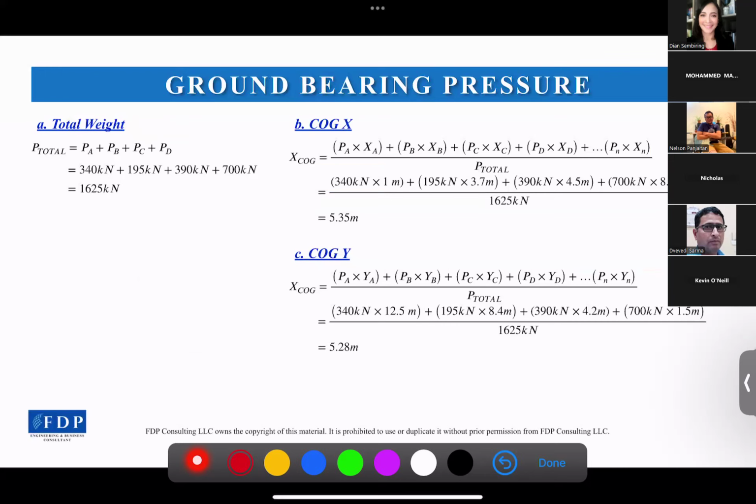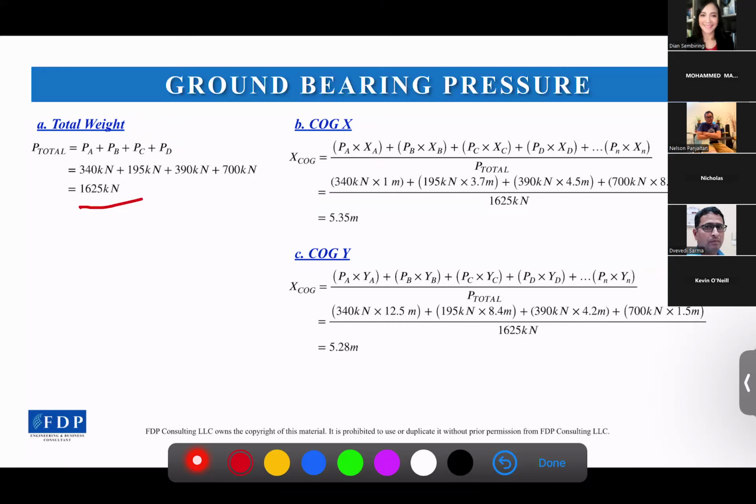So first we need to find the total weight and the COG. For the total weight, we can simply sum up all the items. Then we got the total weight is 1,625 kilonewton.